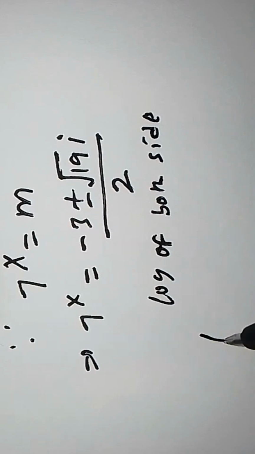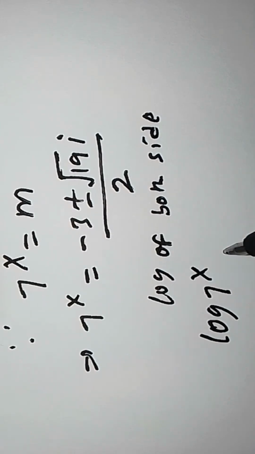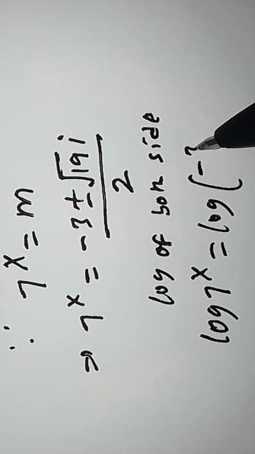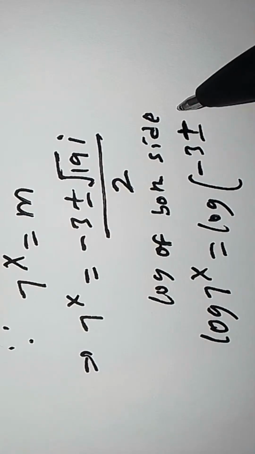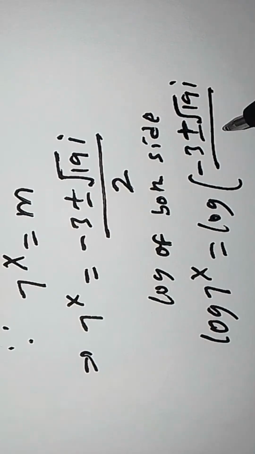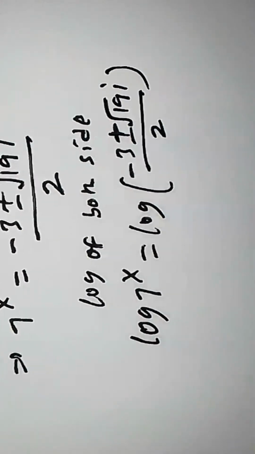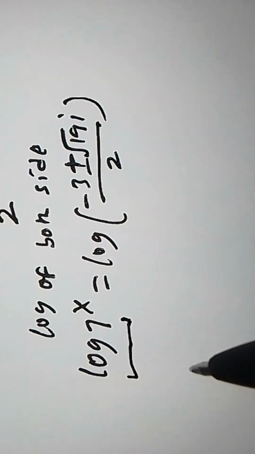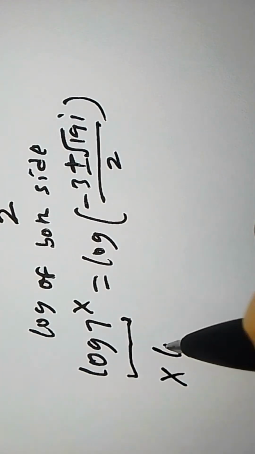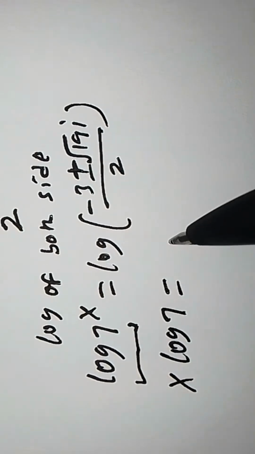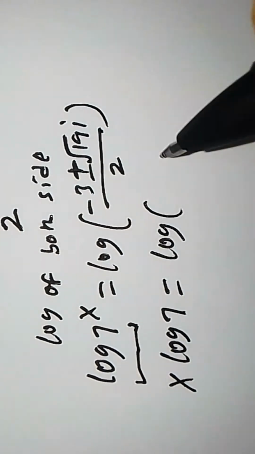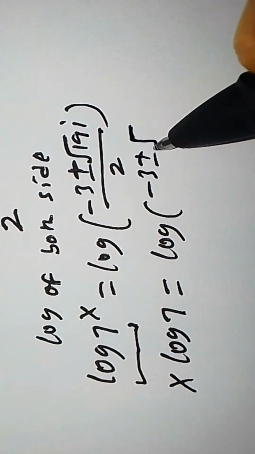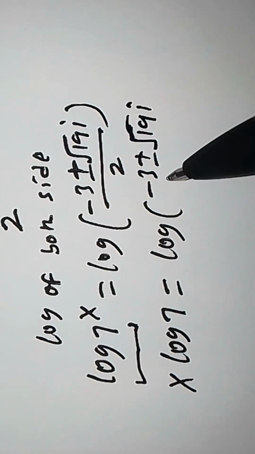So that will be log 7 raised to x equal to log of minus 3 plus or minus square root of 19i divided by 2. Let's proceed further. Log 7 raised to x, we can rewrite it as x log 7 equal to log of all of this, minus 3 plus or minus square root of 19i divided by 2.